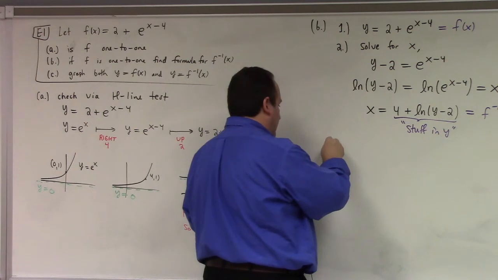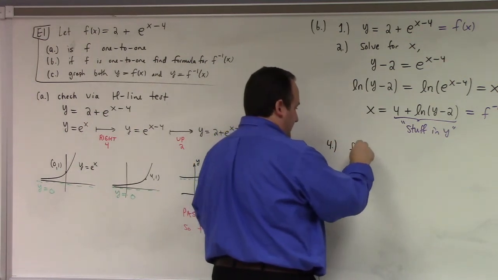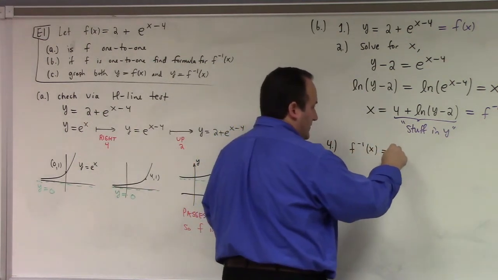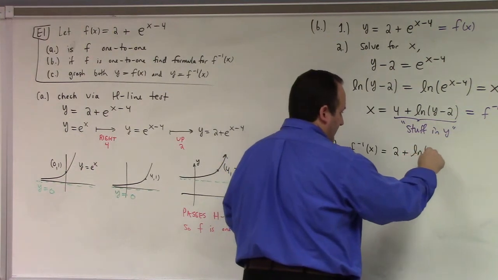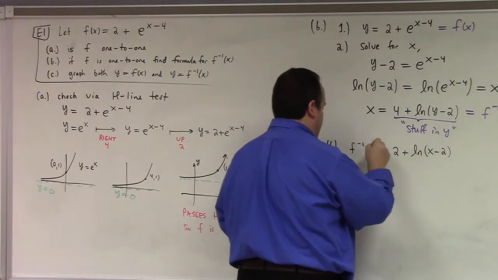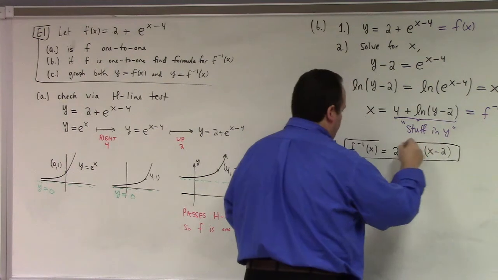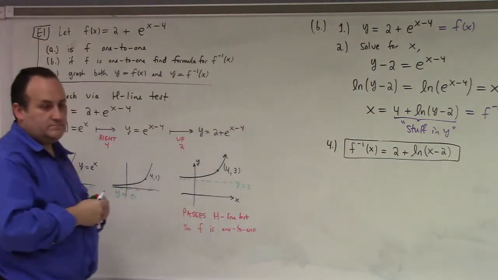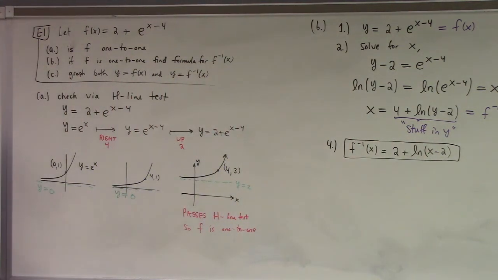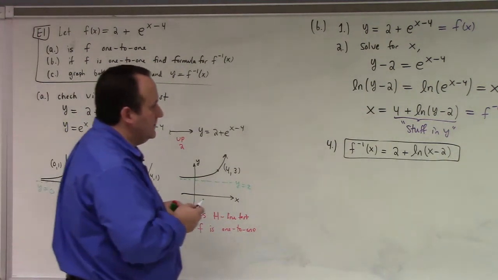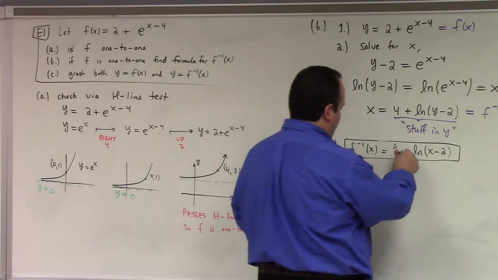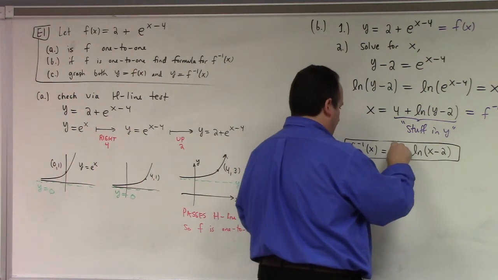Step 4 for me, f inverse of x is equal to 4 plus the natural log of x minus 2. There you go. Wait, where did the 4 go? Oh, yeah, my bad. That was a 4. Thank you.